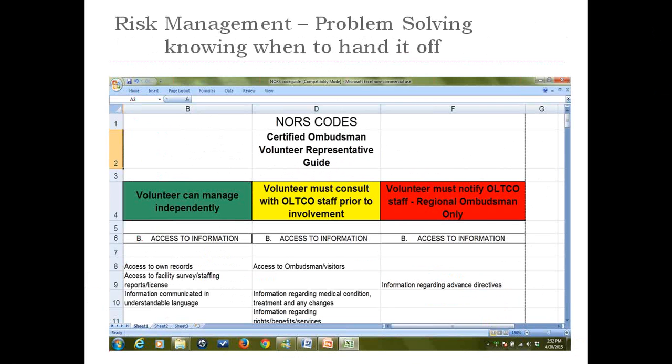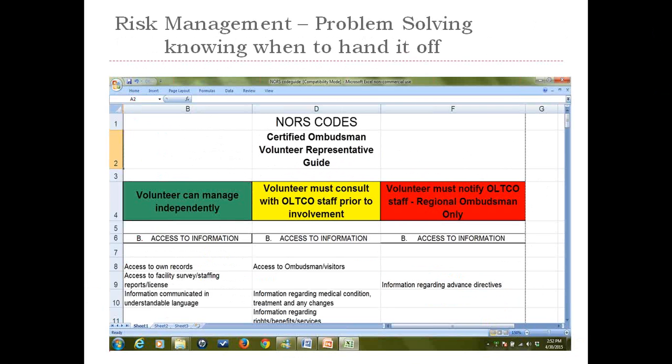That gets into an area which could be more a legal definition of what a power of attorney could do, may cause some conflict between family members, and because of that, we've asked the volunteer to pass that on, and a regional ombudsman goes in and deals with the situation, provides the education.